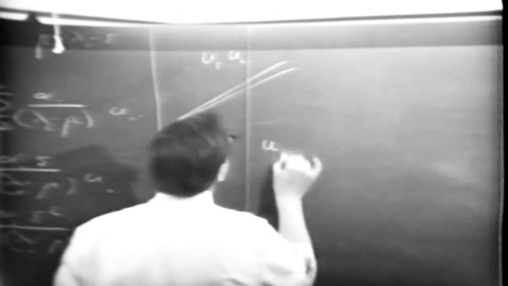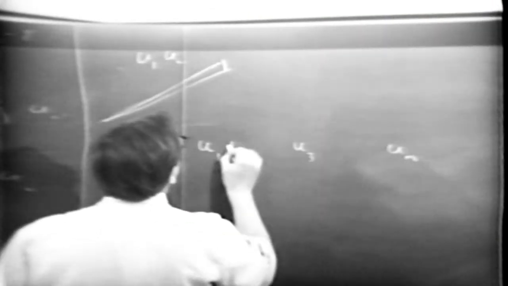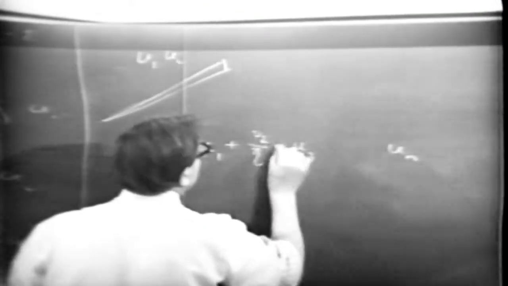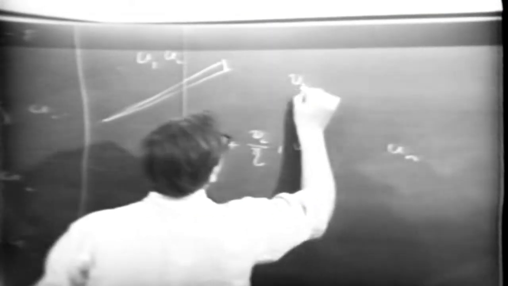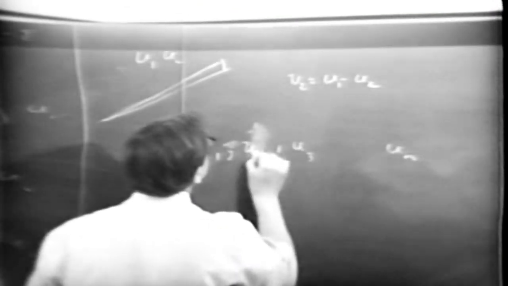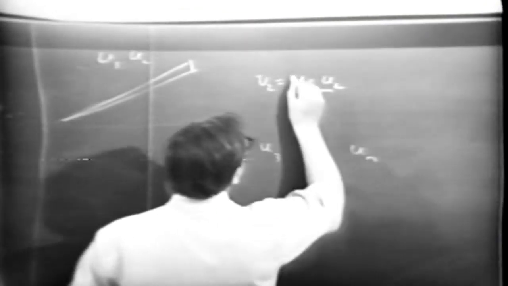So let's, for the moment, use u1, that one's all right, and u3 to un, they're okay. But let's take as our second vector the difference between those two, which I call v2. It's the difference between u1 and u2, normalized by dividing it by the length. So this v2 is u1 minus u2. It's going to be a small vector, so I've normalized it by dividing. The basis I'm going to take is u1, v2, u3 up to un, and v2 is the normalized version of that difference.